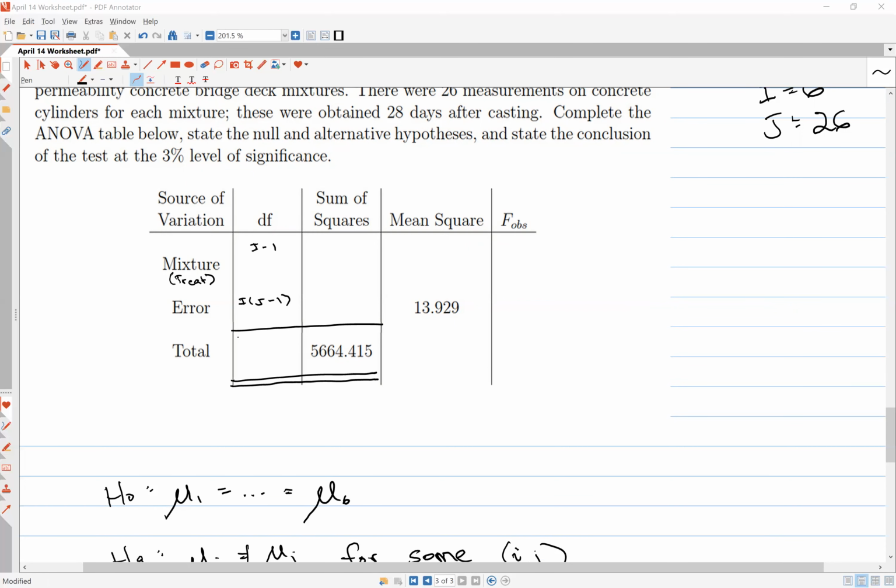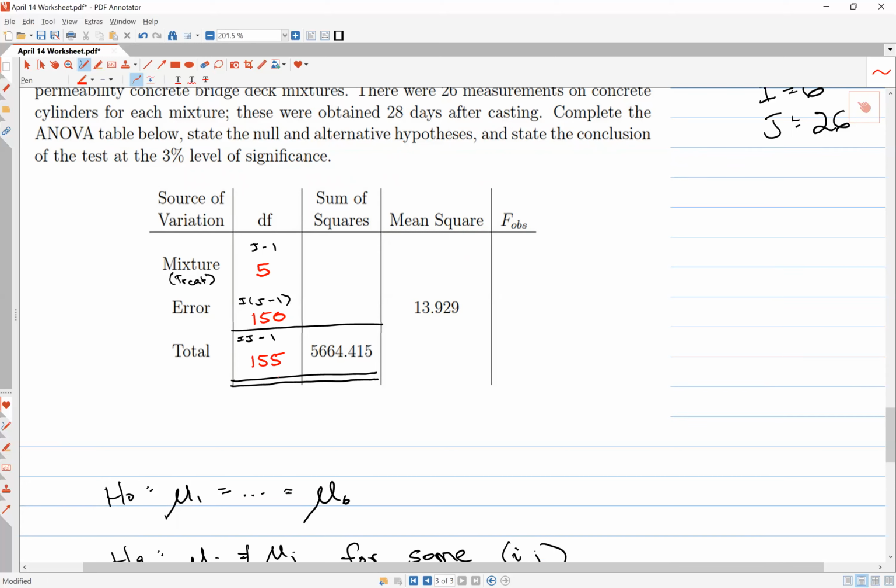But you can also calculate total degrees of freedom as I times j minus 1. So if I fill these out, since I have 6 treatments, 5 treatment degrees of freedom. I times (j minus 1) in this case for error gives me 150, which means total degrees of freedom 155. And this should always be total sample size minus 1.